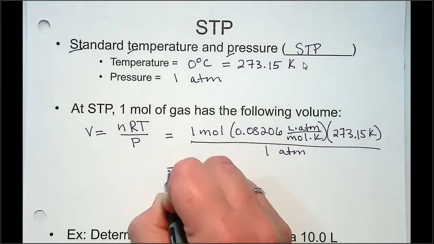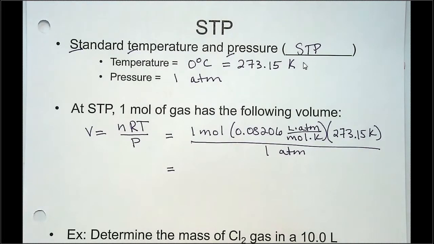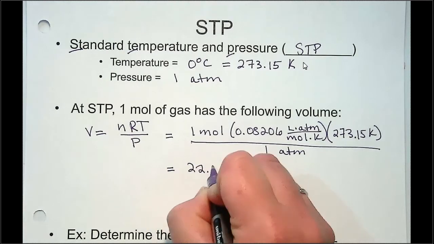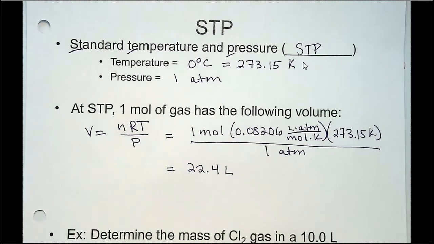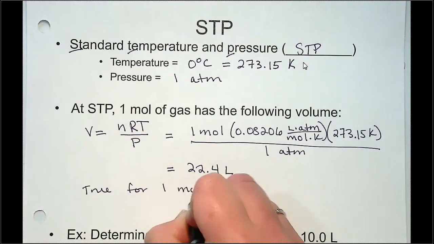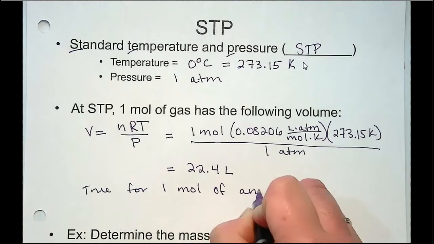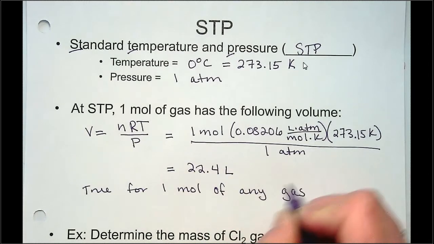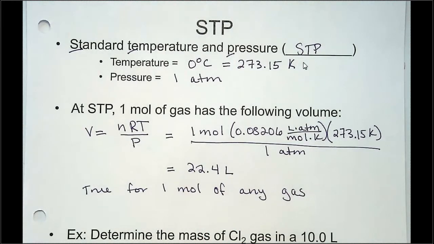So under STP conditions, a mole of gas occupies 22.4 liters. This is true for 1 mole of any gas. If you want to remember this, you can, but you can literally calculate it whenever you want. But if you know it, it's a useful conversion factor sometimes.